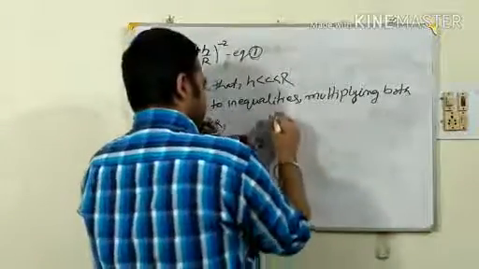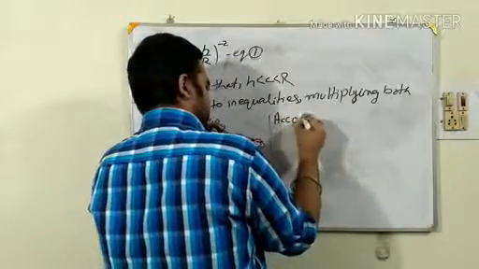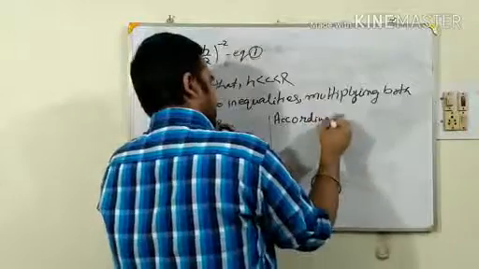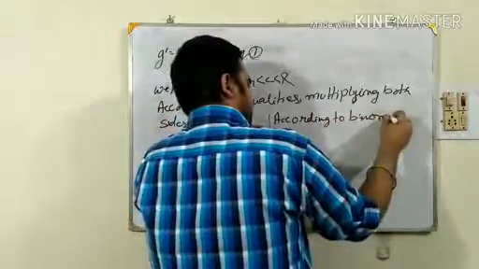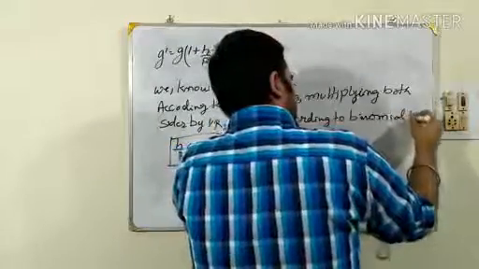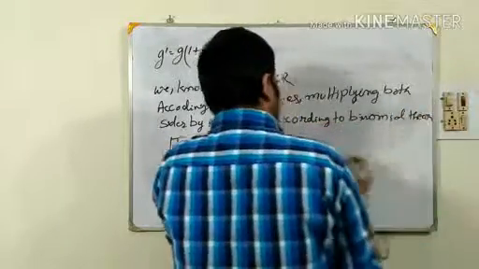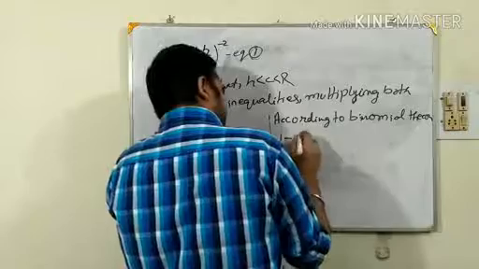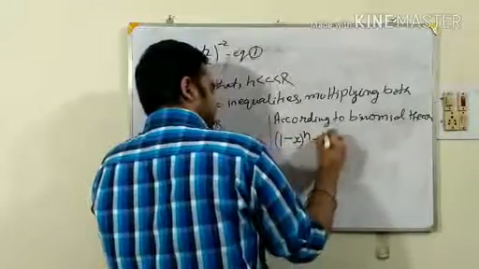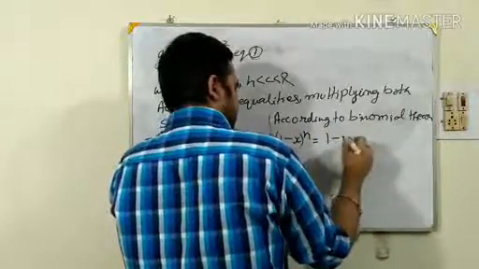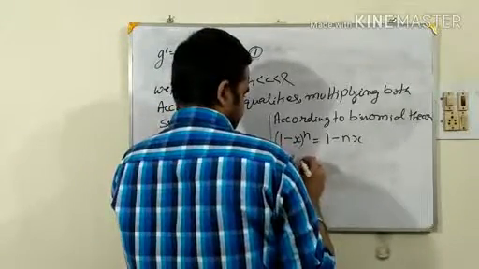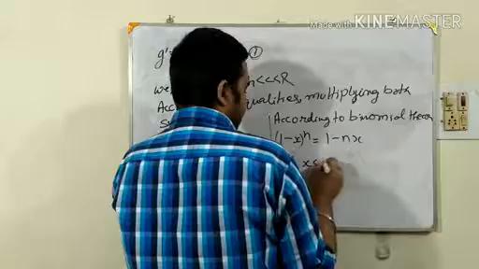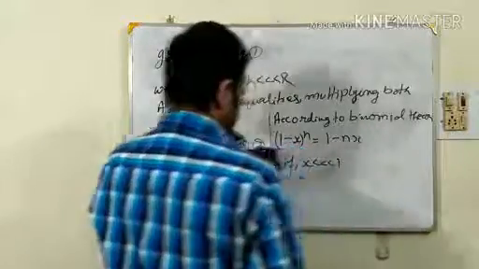Now according to the binomial theorem, 1 minus x to the power n is equal to 1 minus nx if x is very less than 1.